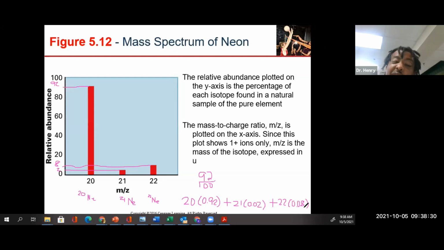Now, these are rough estimates, so my numbers may be a little off, but it gives you the idea.